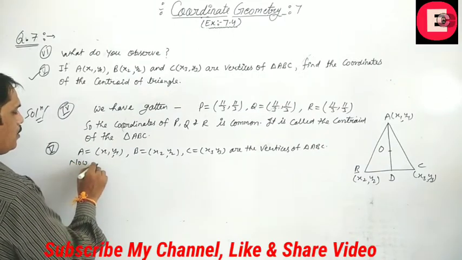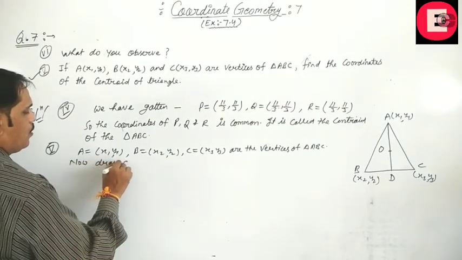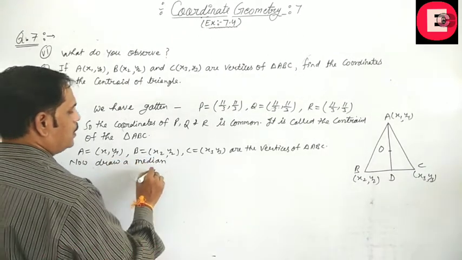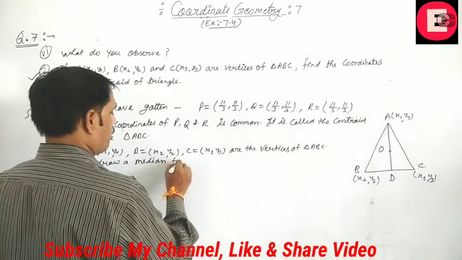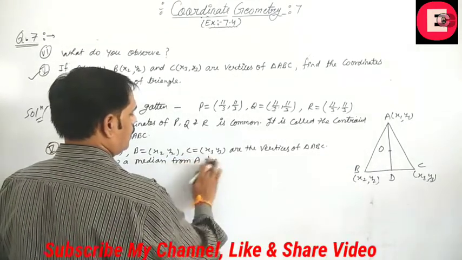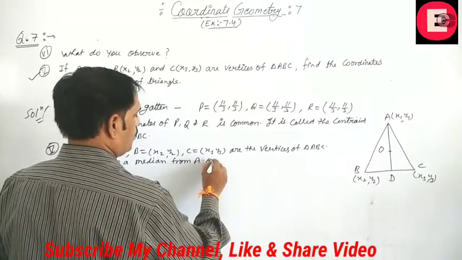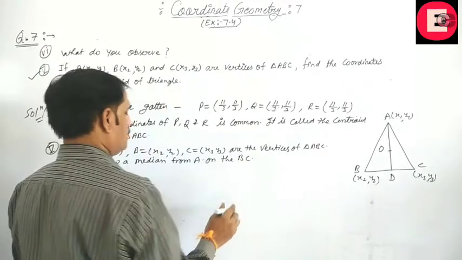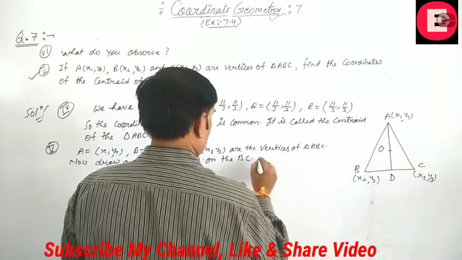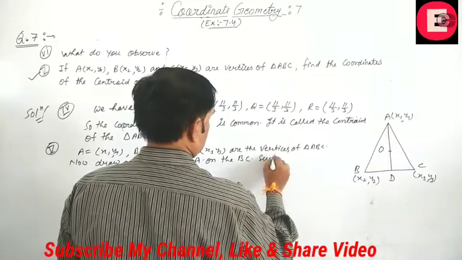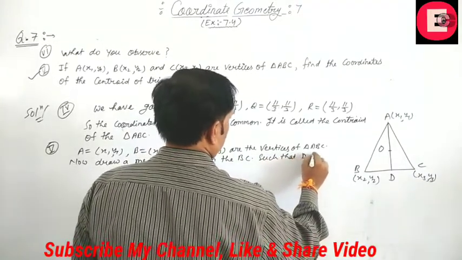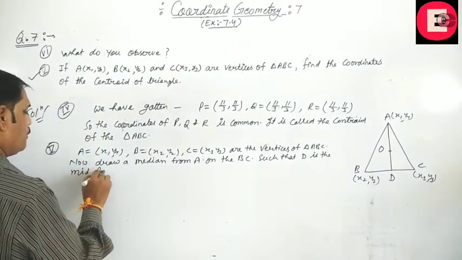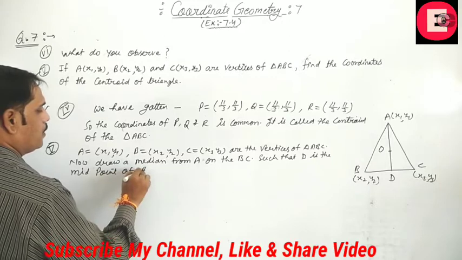Now draw a median from A on the line BC, such that D is the midpoint of BC.